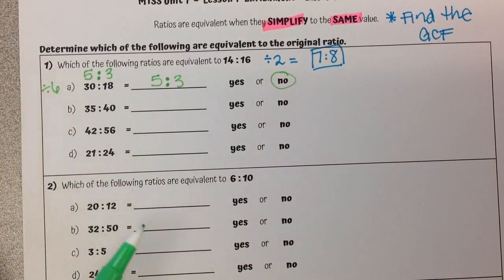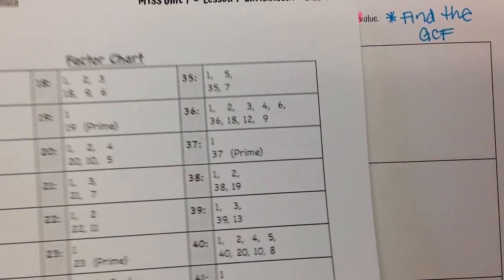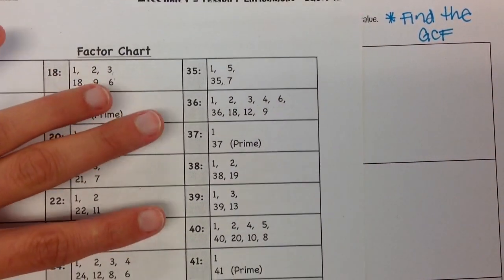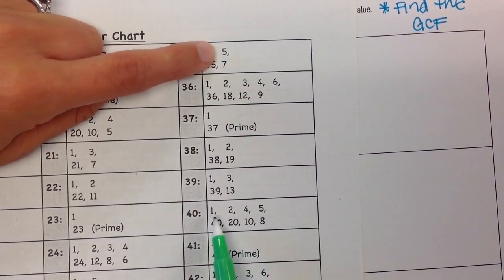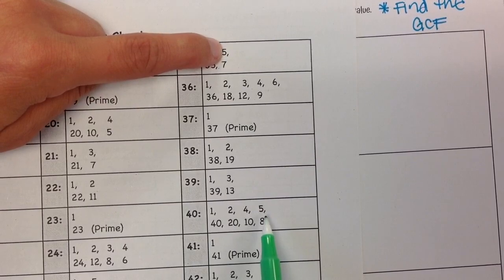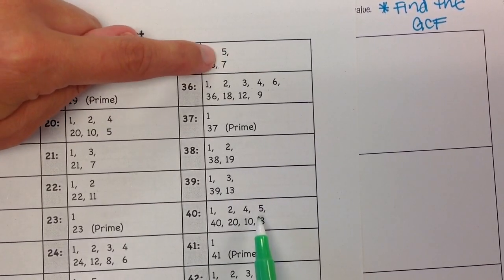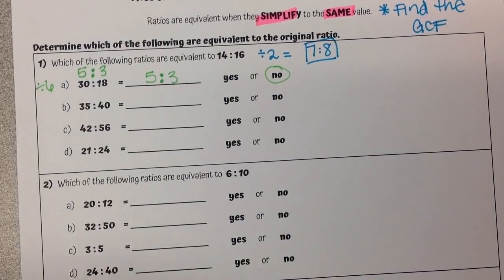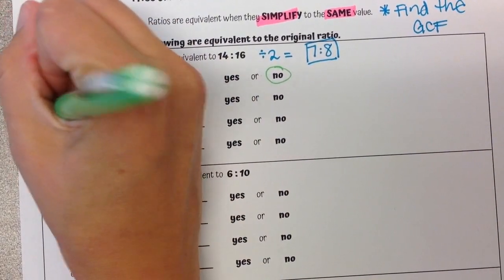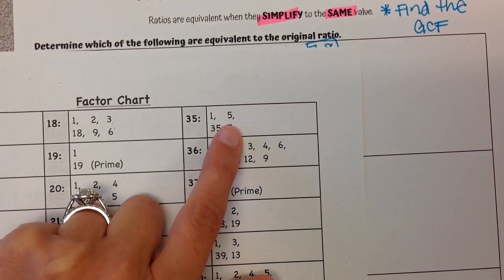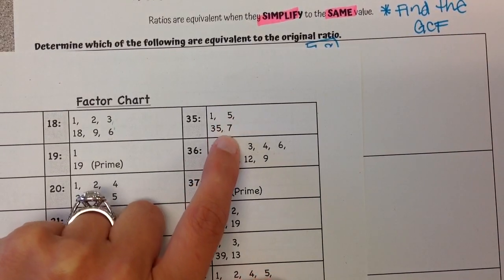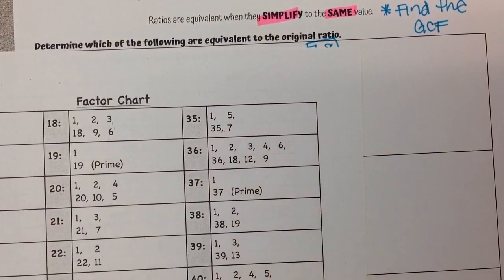All right, 35 and 40. So I see these up here. I can fit them both on here. 35 and 40, they divide by 1. They both divide by 5, not 7, not 35. So the highest number they both divide by is 5. So 35 divided by 5, I'm going to find that on my chart. The 5 and the 7 match up.